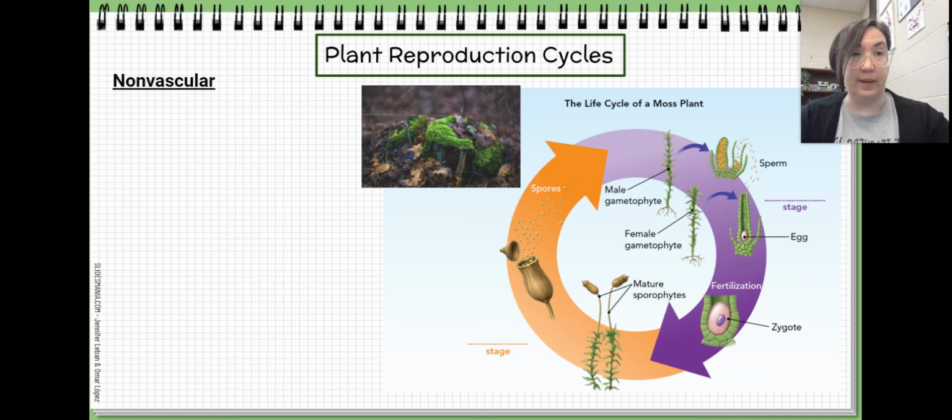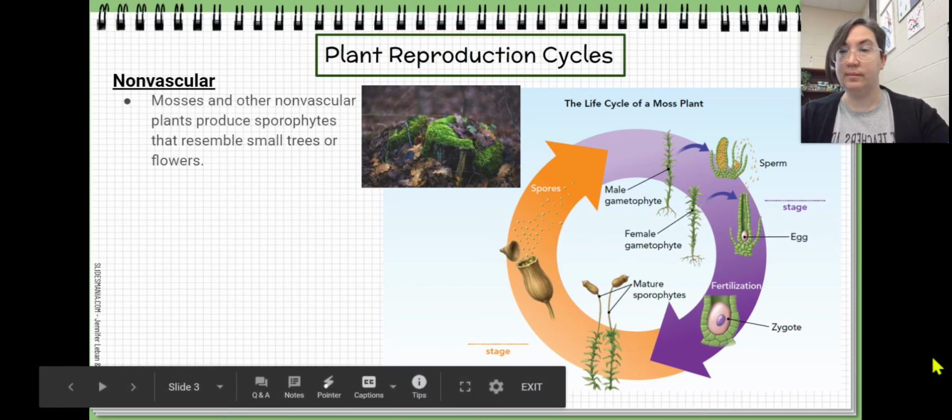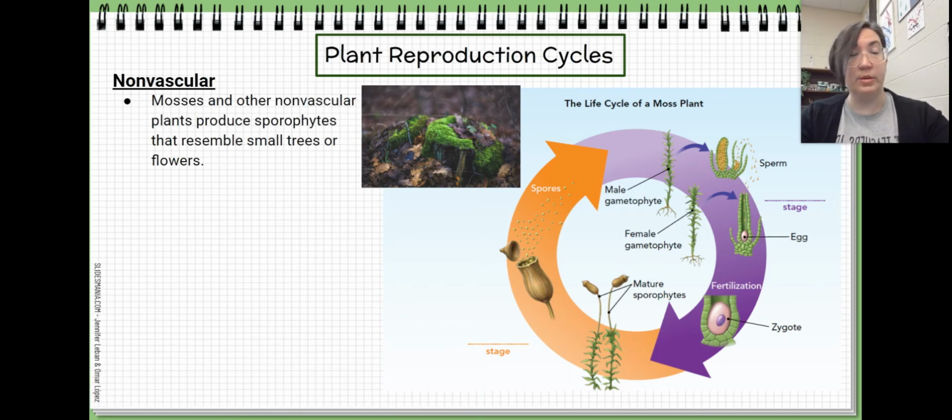Let's get really specific. Think back, we've learned about non-vascular plants. So mosses and other non-vascular plants produce sporophytes that resemble small trees or flowers.